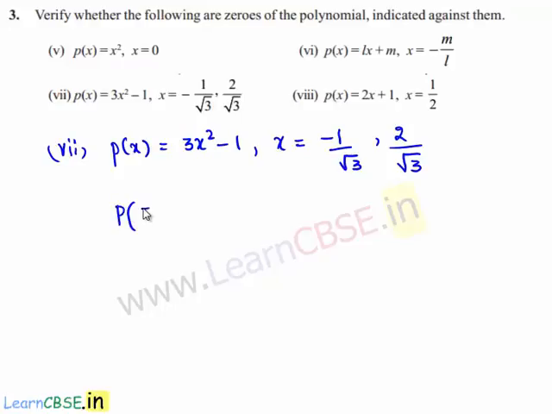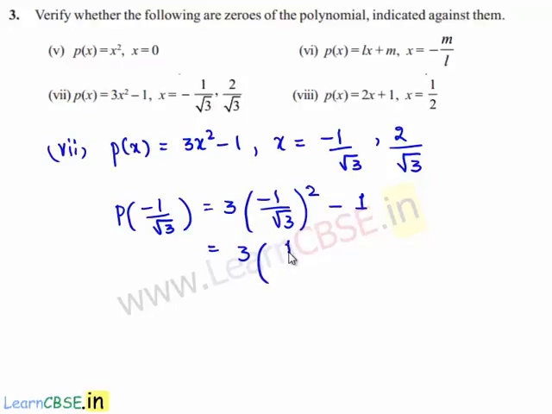That becomes P of minus 1 by root 3 is equal to 3 times of, in place of x, I substitute minus 1 by root 3, which becomes 3 multiplied by minus 1 by root 3 whole square minus 1. Then this becomes 3 multiplied by minus 1 square is 1 and root 3 square is 3.